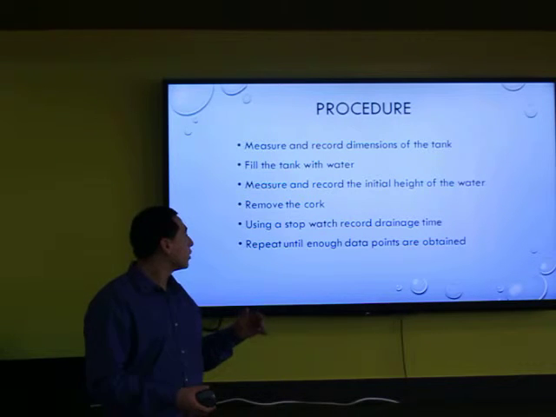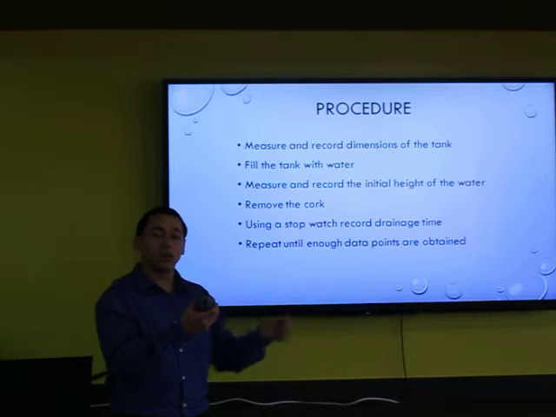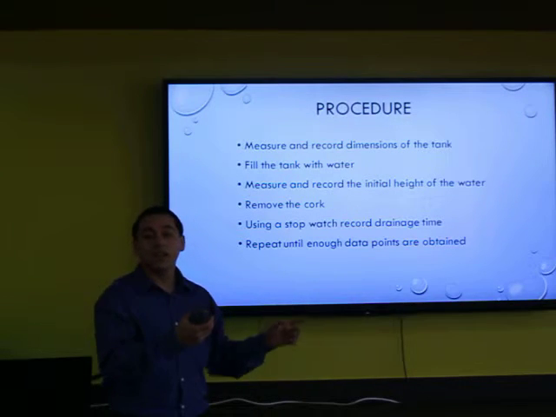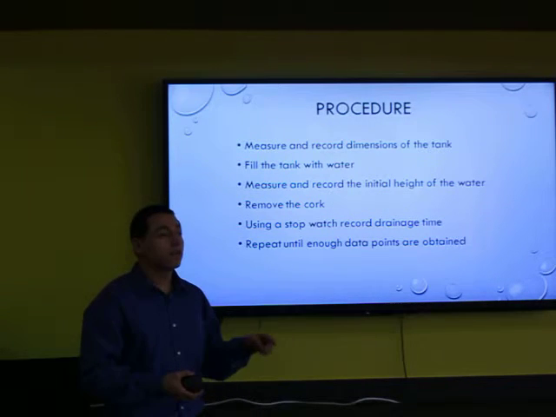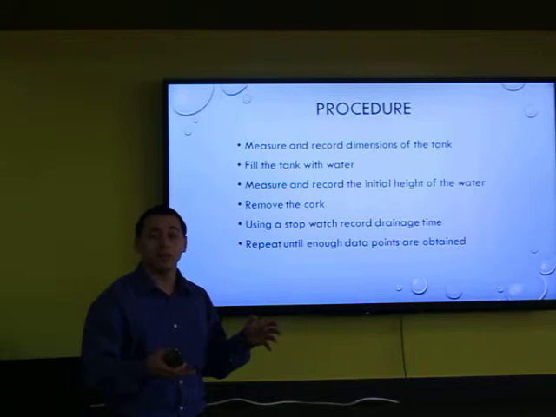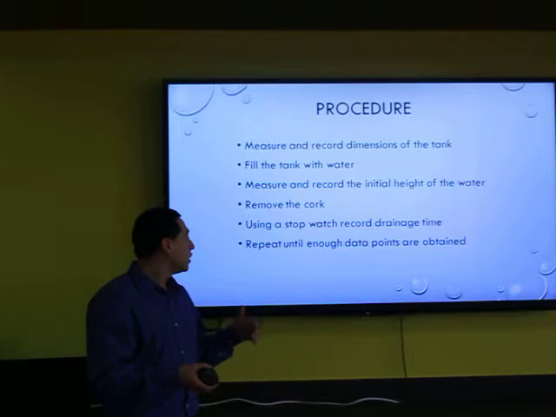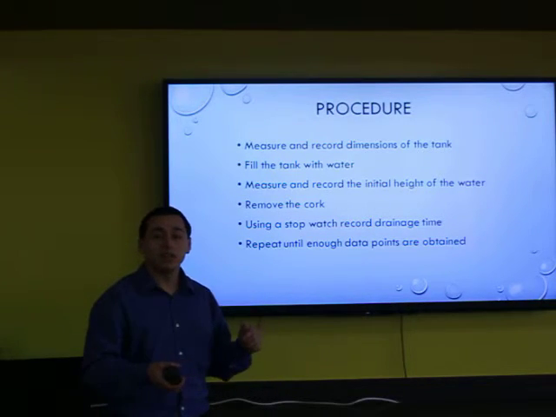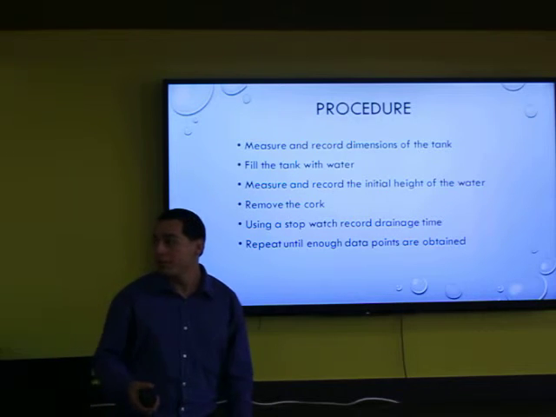The moment that we release the cork from the bottom of the tank, we're going to start our stopwatch, and we're going to record the amount of time it takes for the tank to drain. The tank will probably be transparent, so it'll be easy for us to determine exactly when the tank is completely drained. After that's done, we're going to repeat all the steps until the predetermined number of data points are obtained. And with that, I'll leave you to Moby.